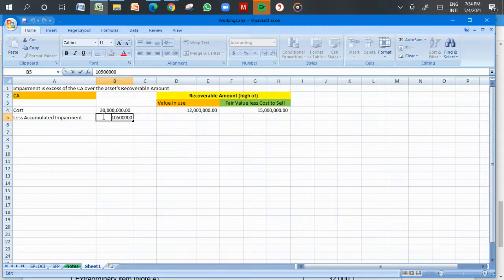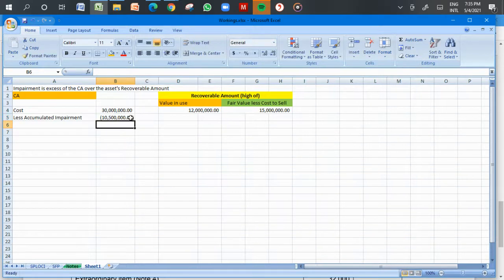So this is our accumulated impairment on the brand. Then if you say the cost less the accumulated impairment, we have 19.5. So this was the carrying amount when we did the impairment. Okay.